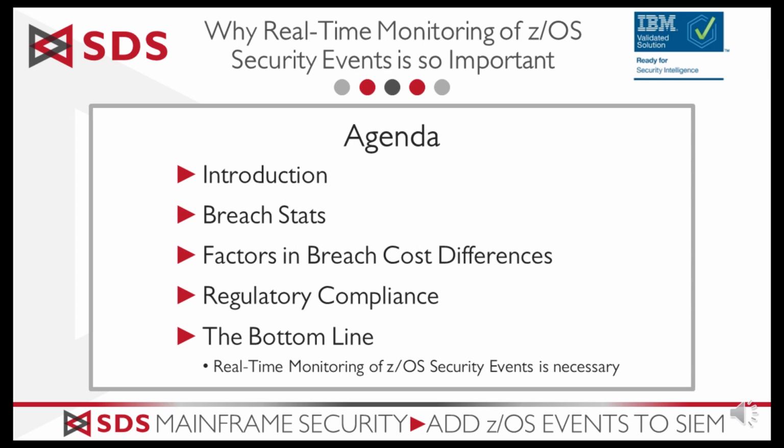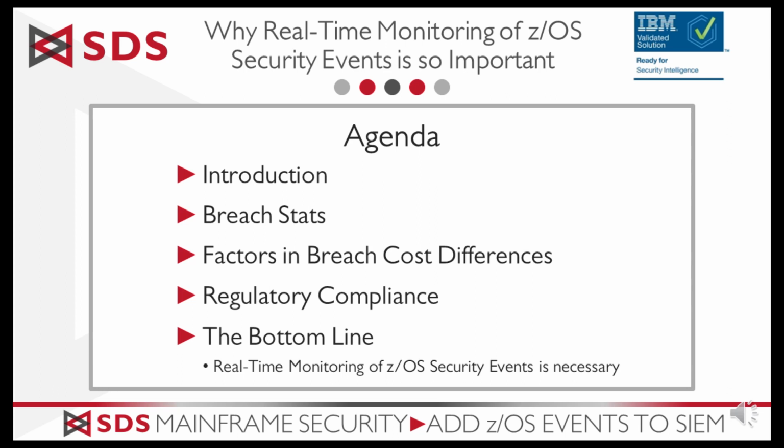So to set the stage for the next couple minutes, I'd like to touch on some key factors that highlight the criticality of including the mainframe in your defense in depth strategy. Enterprise SIEMs such as ArcSight, QRadar, Splunk, and others are required monitoring tools in today's enterprise. They're not just a nice to have like they used to be.